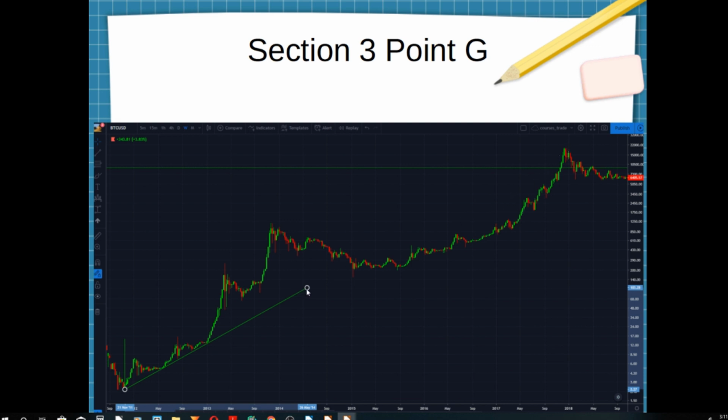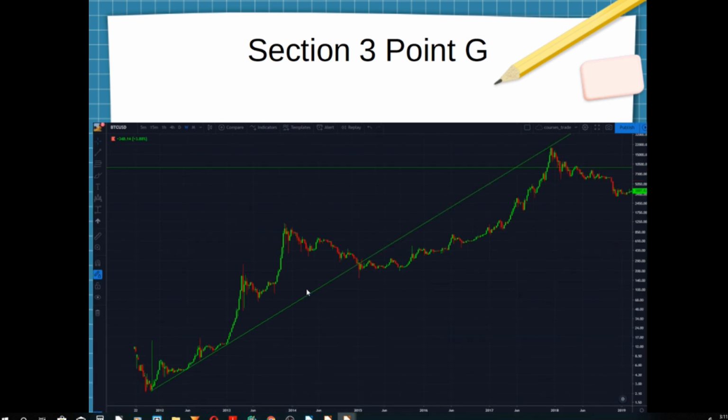Using the extended trend line, you could possibly have spotted the top of the bull market with extreme precision. And remember, in December 2017, this trend line is 7 years old. And every time this trend line reacts, it gets stronger and stronger and stronger.